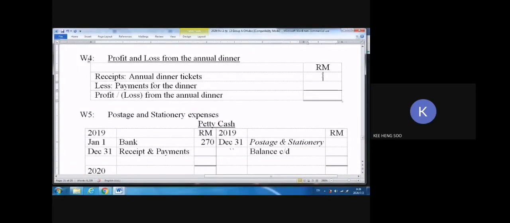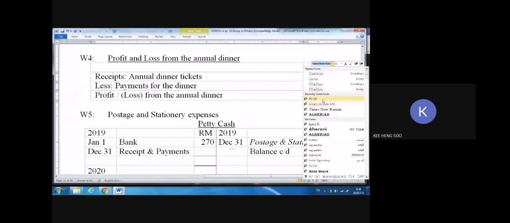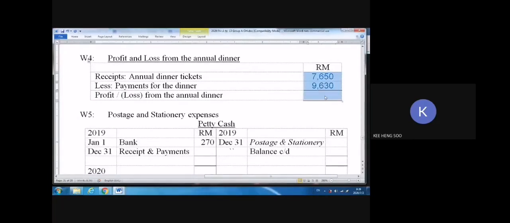So this one will be your 7,650 minus 9,630. Do you see you have a loss? How much is the loss? 1,980.